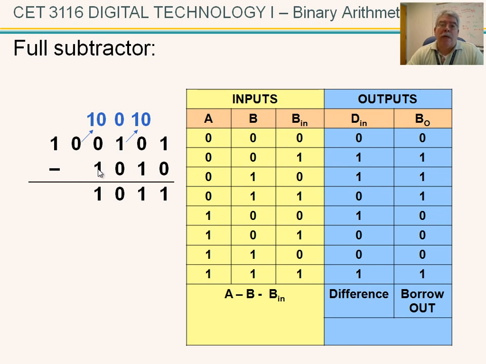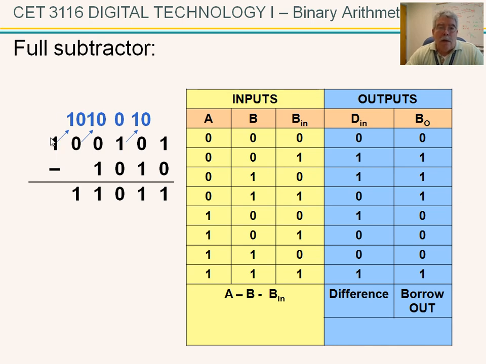Subtract 2 minus 1 is going to be 1. Right? Now, this position would be 0 minus 0, but I have a borrowing. So 0, 0, minus 1. You see this situation? And the result is going to be 1 with a borrow out of 1.